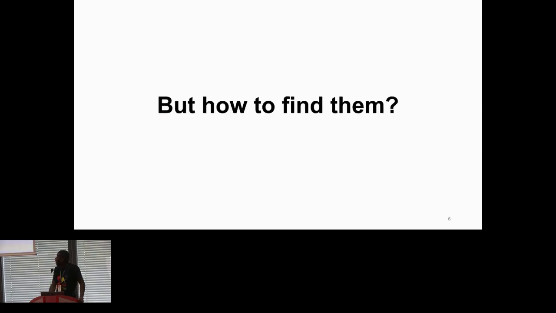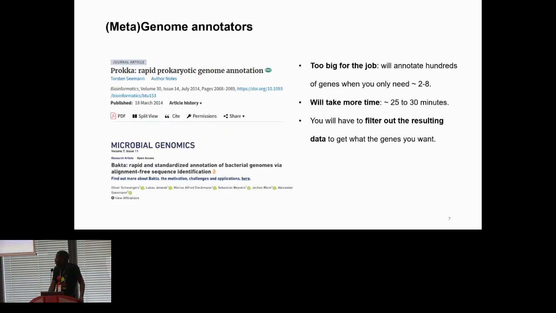But how can you find housekeeping genes in a genomic or metagenomic dataset? You have genome annotators. But genome annotators are going to classify all genes, so they will take more time, and when you have the data, you also have to filter out the genes you want, and that is not so easy.